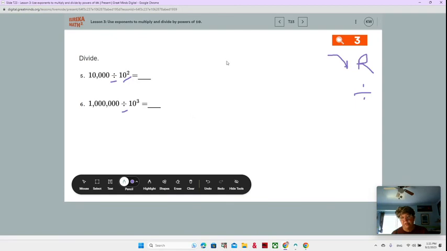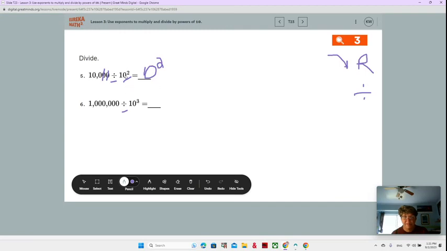Okay, so you could use your place value chart and put a dot in 10,000 and then go 2 to the right. You could also say, I can get rid of 2 of my zeros. Now I have 10 to the second power.